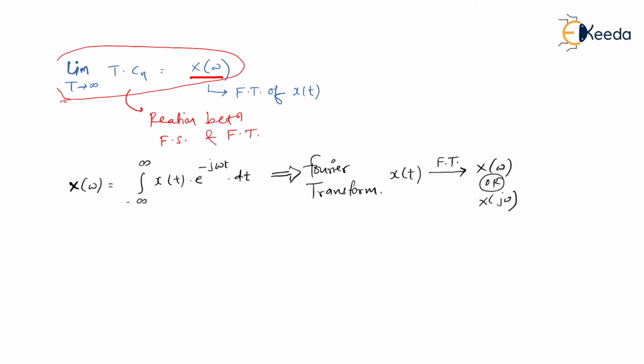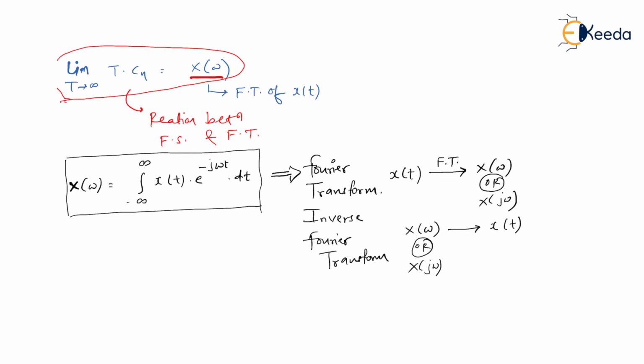So if Fourier transform helps you to go from time domain to frequency domain, inverse Fourier transform will help you to go from frequency domain to time domain. So X of omega or X of j omega, if you want to get back to your original time domain, you can use inverse Fourier transform.